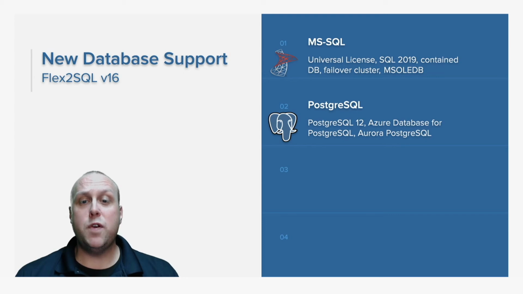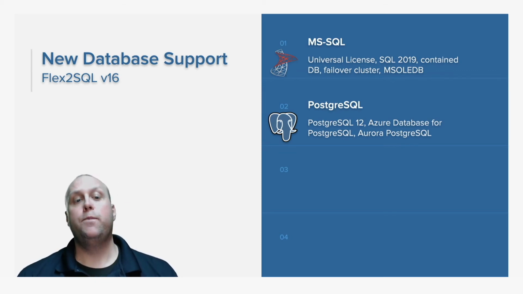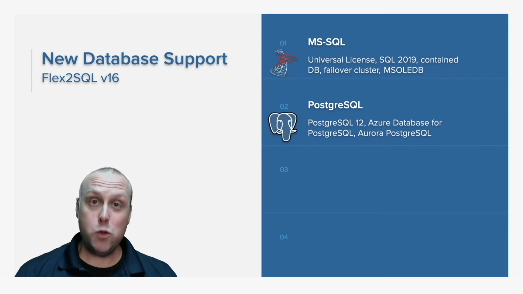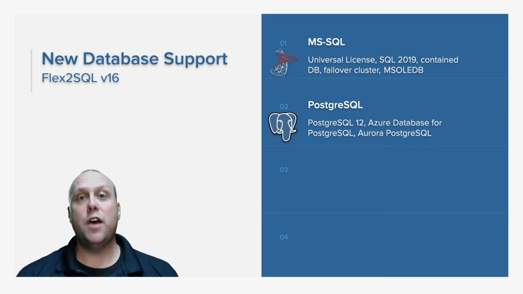Version 12 of PostgreSQL is a great new release that includes performance improvement in indexes, online index rebuilding, and stored-generated column support. Version 16 of our driver is the first version to support Azure Database for PostgreSQL and Amazon Aurora for PostgreSQL. No special coding or licenses are needed to make use of these two new offerings.